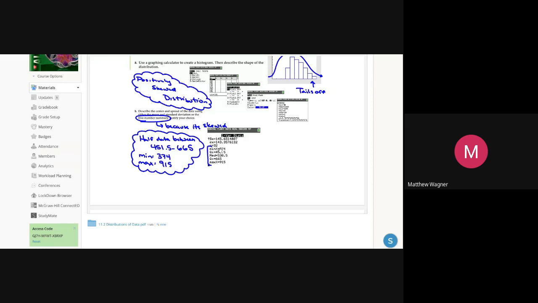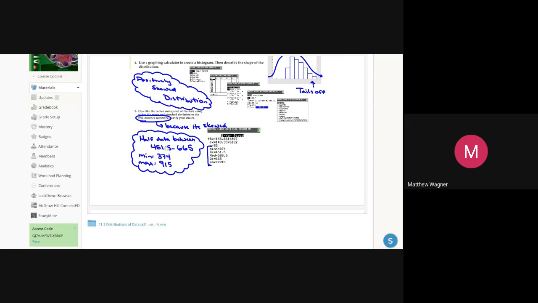Our 5-number summary contains the minimum, quartile 1, our median, quartile 3, and our maximum. Then it says justify your reason. Because it's skewed, we're going to use the 5-number summary. Half the data is between quartile 1 and 3. Our lowest value is 374. Our highest value is 915.